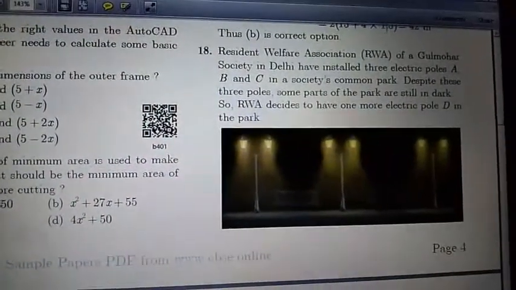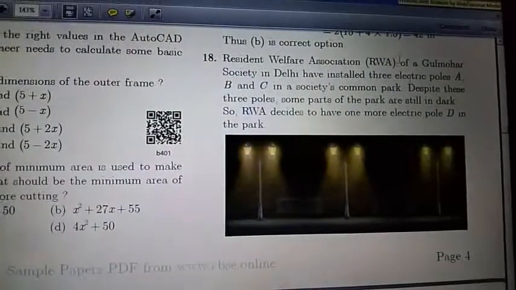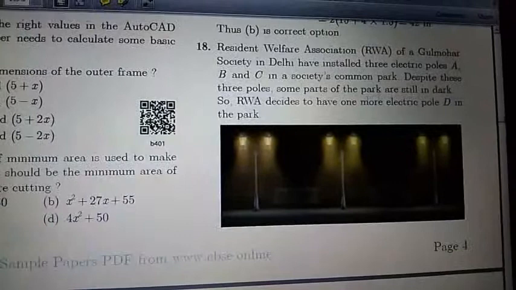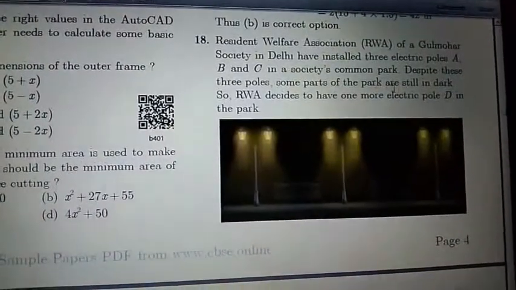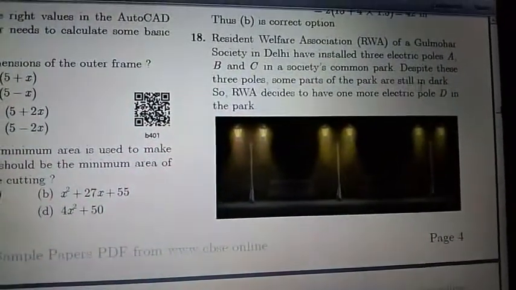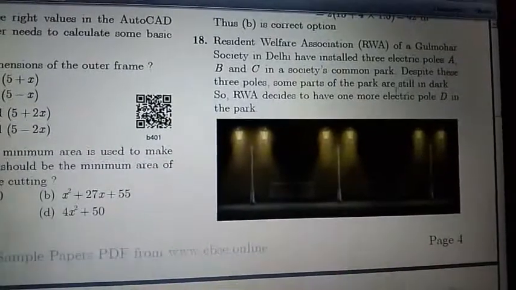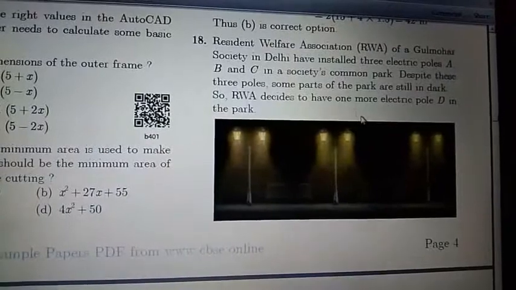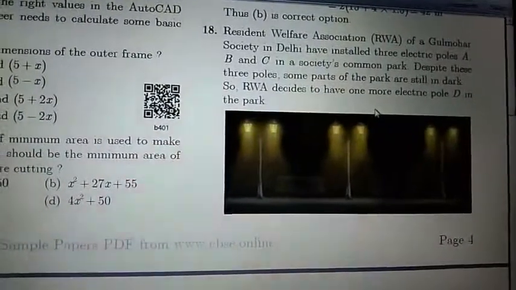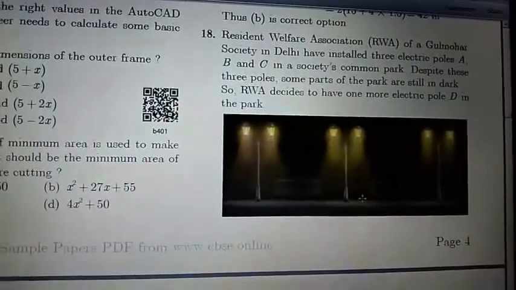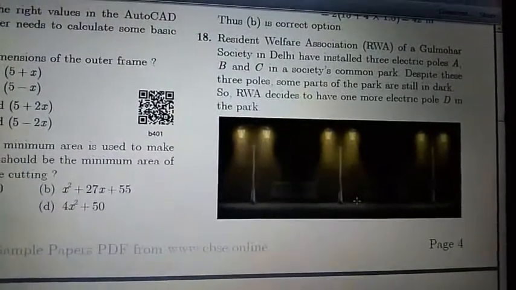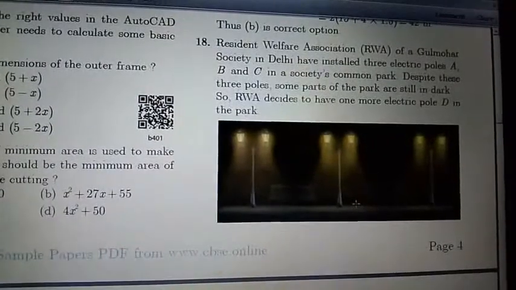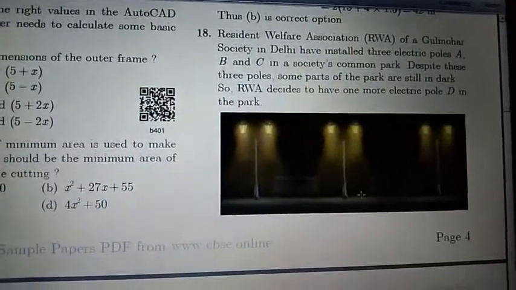Resident Welfare Association RWA of Gulmohar Society in Delhi have installed 3 electric poles A, B and C in a society's common park. Despite these 3 poles, some parts of the park are still in dark. So RWA decides to install one more electric pole D in the park.